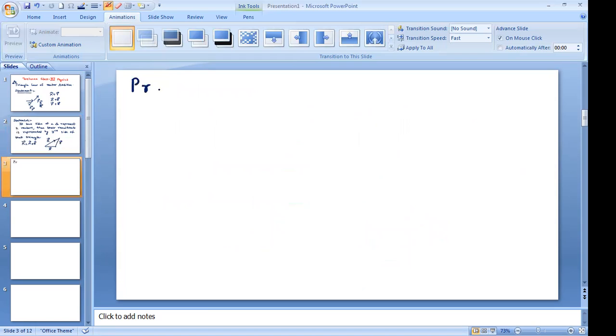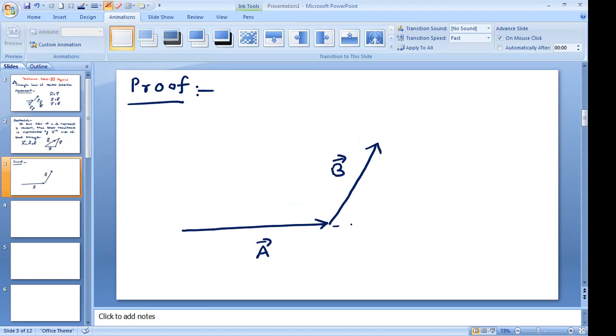So, proof of triangle law of vector addition. Say there is a vector A along this direction, and say there is another vector B along this direction, which is making angle theta with vector A. So if I draw a perpendicular from here to here, then from the knowledge of trigonometry, we know that this side will be B sine theta and this side will be B cos theta.